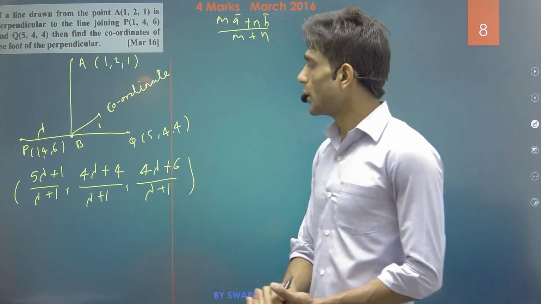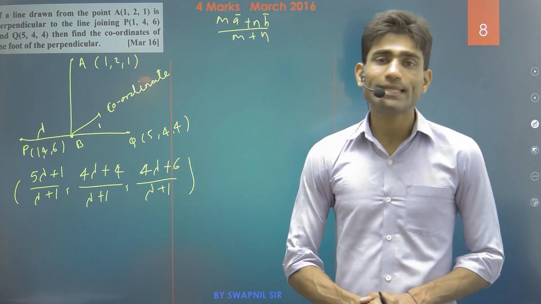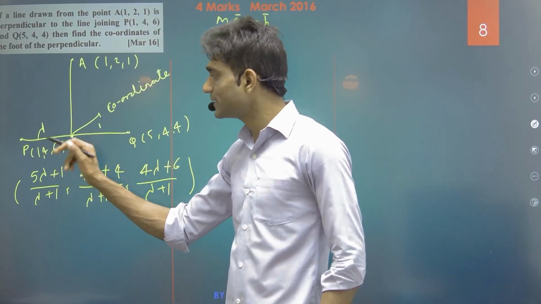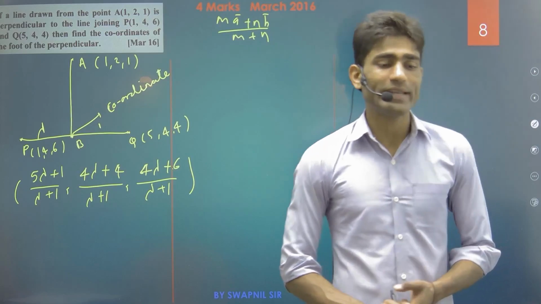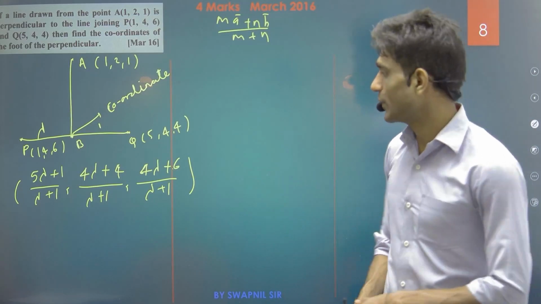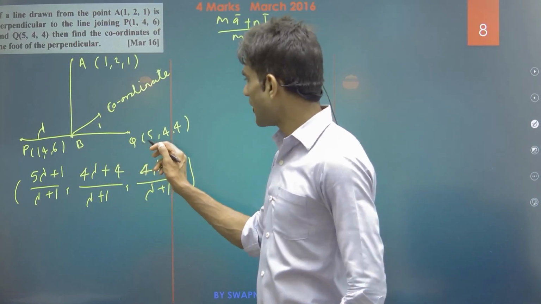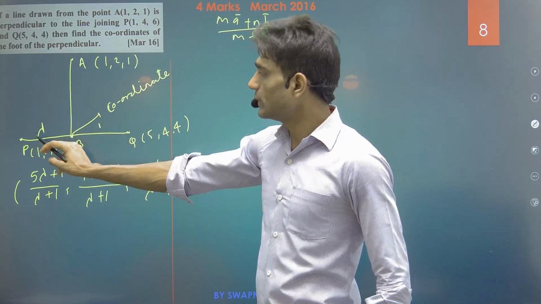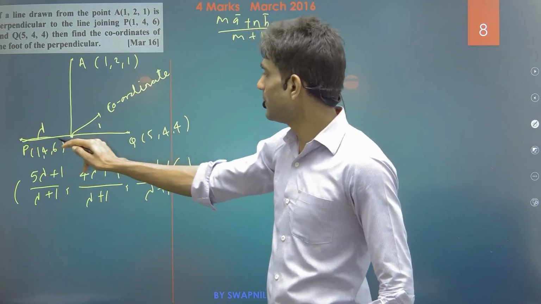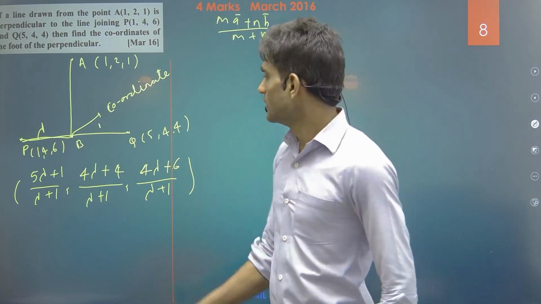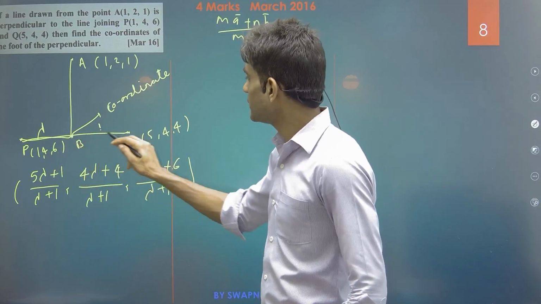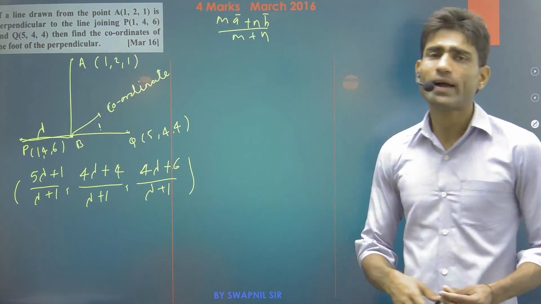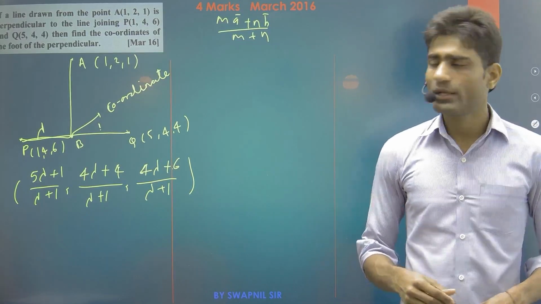These are the three coordinates of point B, as it divides the line segment internally in the ratio lambda to 1. Here the first coordinate is multiplied by the first ratio lambda, and the second by 1 upon lambda plus 1. We then have to find the value of lambda using the given data.